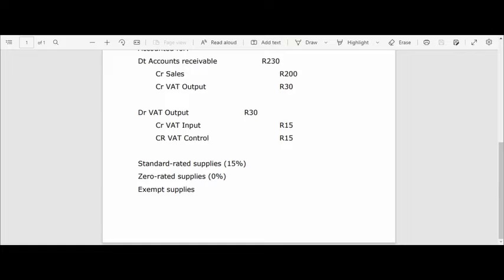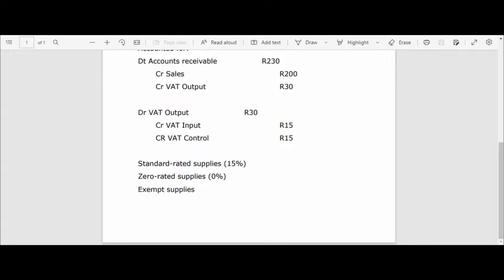In the unlikely event, thanks for that question, Angel, it's a very good one, in the unlikely event that you haven't paid the VAT over yet, so let's say you're still in that same VAT period, what will you then do? You are going to debit the amount that belonged to you, the exclusive amount. You're going to debit an account.